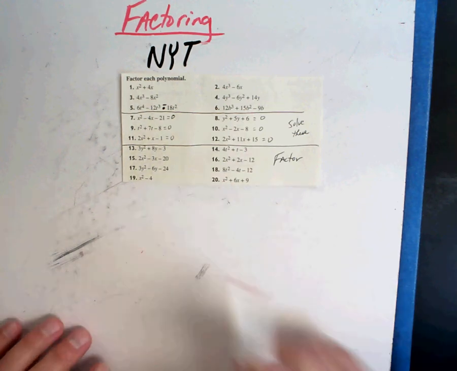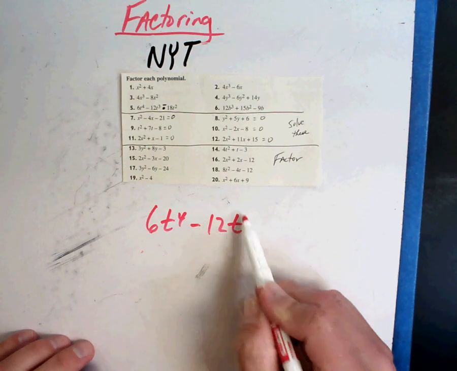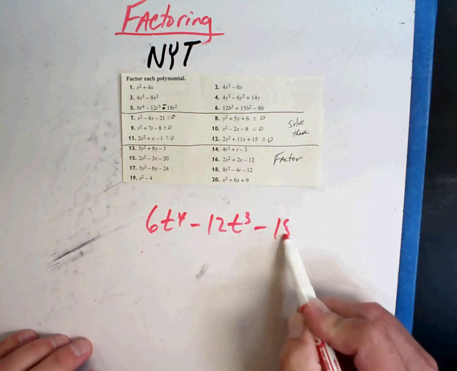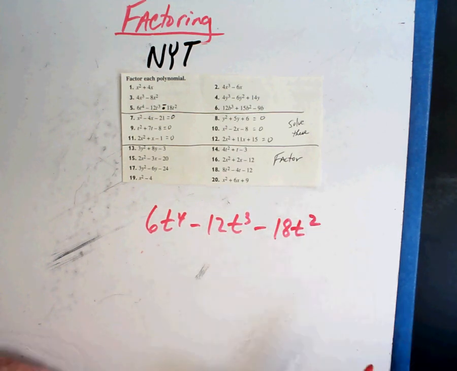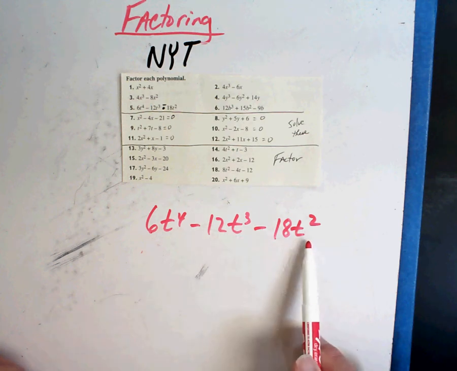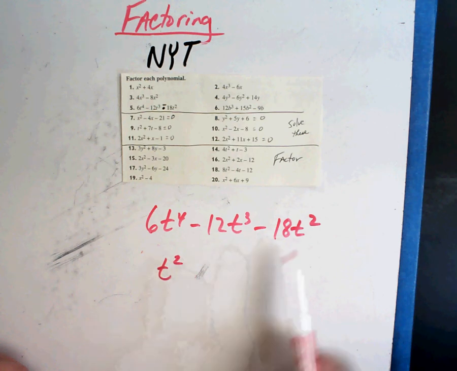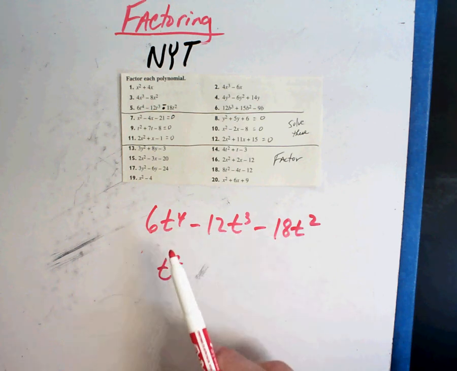Number 5, 6t to the 4th minus 12t to the 3rd minus 18t squared. Now this one's a little bit more complex, so we got to be careful to factor it. I notice immediately there's t's in everything. The smallest one is t squared, and t squared would be in all of those.